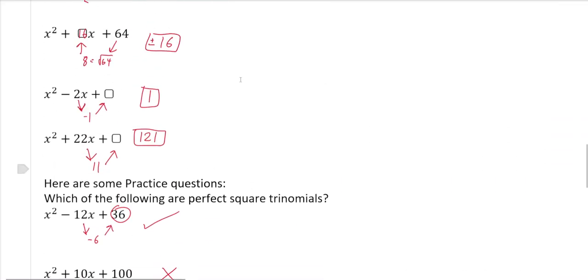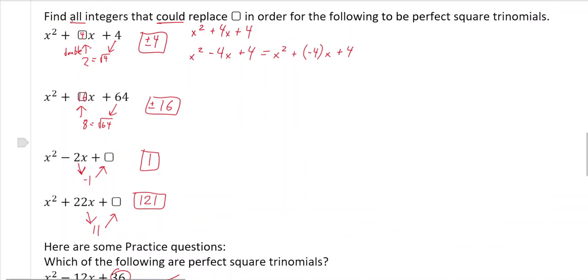Okay, so if you want to pause it and try doing that same thing for these two, factor the result. Okay, again, it's pretty easy. You just take the number, so it's x minus 1, x minus 1.